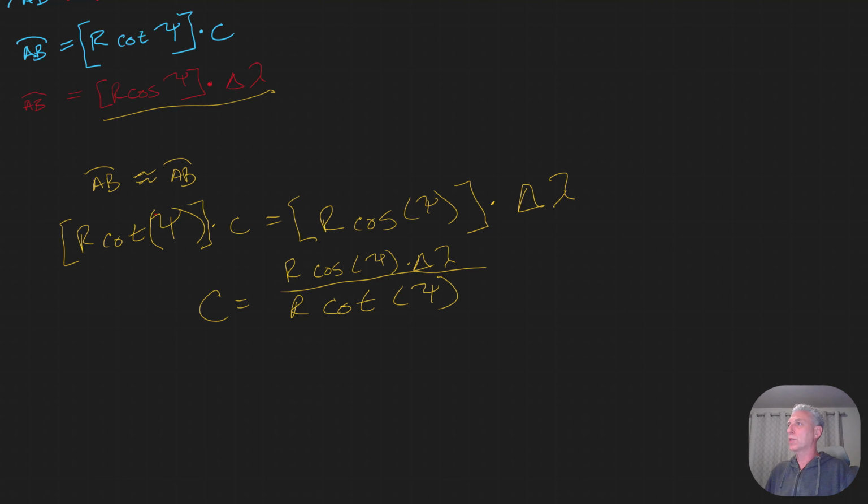And of course the R's cancel out, they're just numbers. And we're left with c equals the cosine of psi delta lambda over the cotangent of psi.